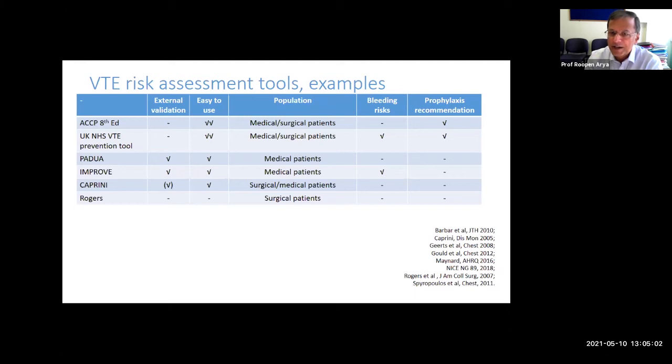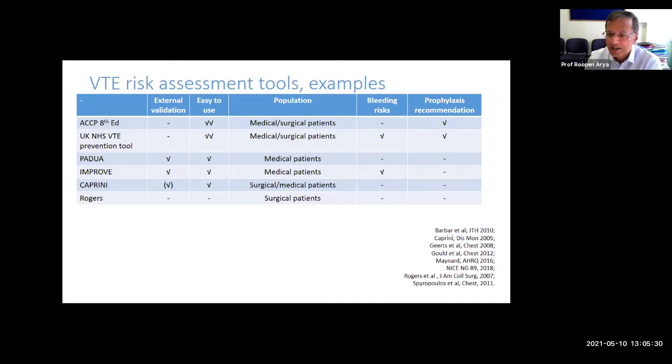The Caprini risk assessment tool, again, is widely employed globally, though is found by some to be overcomplex, with, I think, 39 criteria in the slimmer version and 89 criteria in the complete version, but also found in 1 or 2 studies to assign many more patients to the higher risk categories.